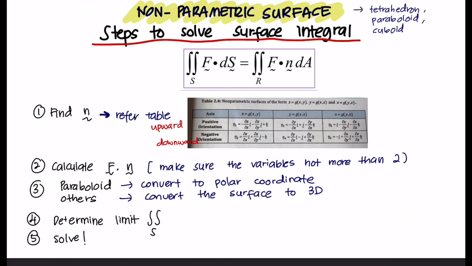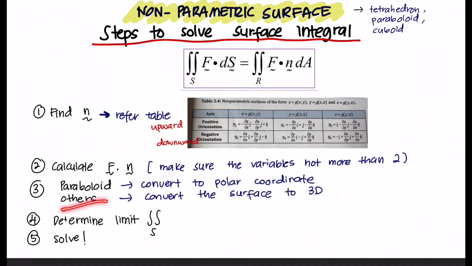At this step, you must make sure that the variables are not more than 2. If the surface is a paraboloid, you must convert f dot n to polar coordinates.